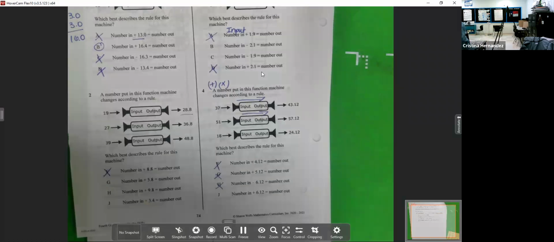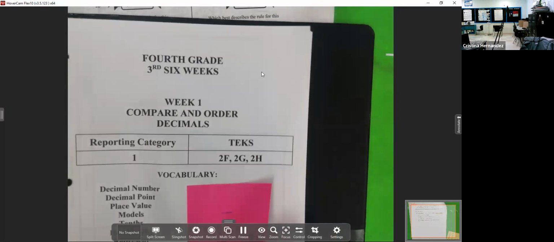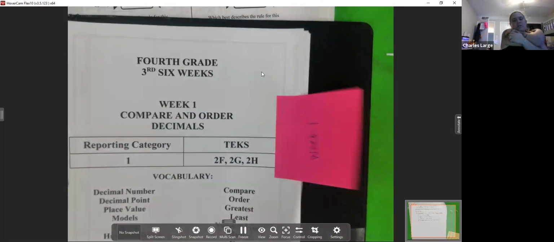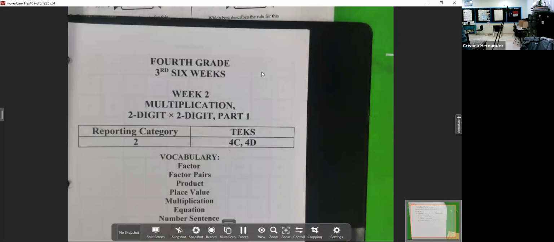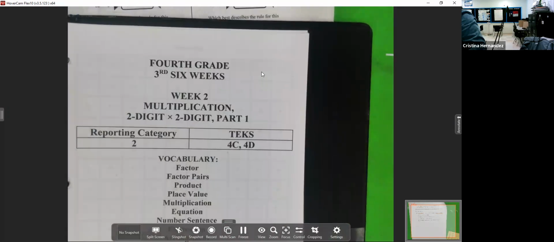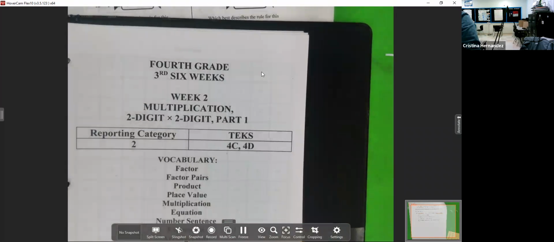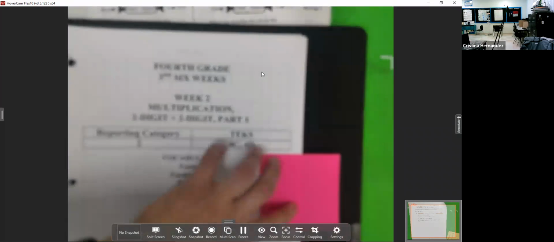So this is what I mean by maybe labeling by weeks. So then you have week 1, you can just flip to week 1. Like that and so on for each week. And maybe easier that way, or if you have papers, dividers, you can divide it like that too. So then you could put week 2 here with the sticky note and so on. A little bit easier that way.